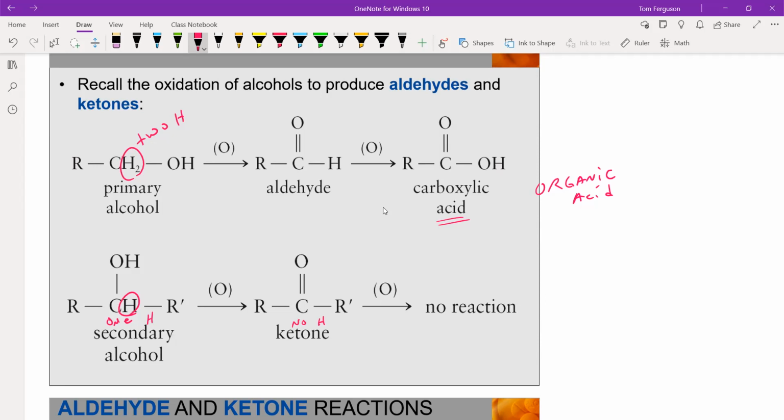That's one test you can use if you think you have an alcohol, but are not sure what kind of alcohol. You can oxidize it and then test your results. If you end up with an acid, you know you started with a primary alcohol. If you end up with a ketone that's non-acidic, you know you have a secondary alcohol.